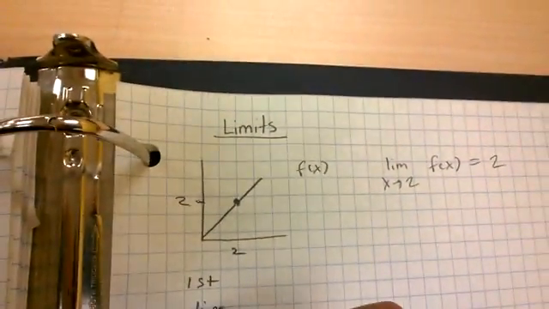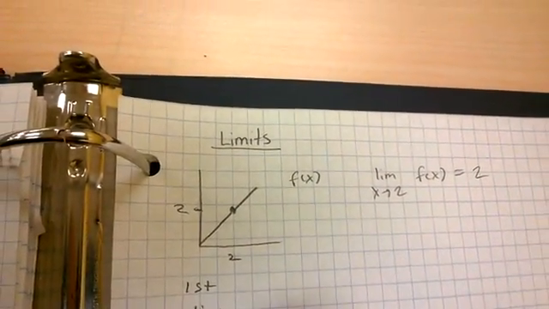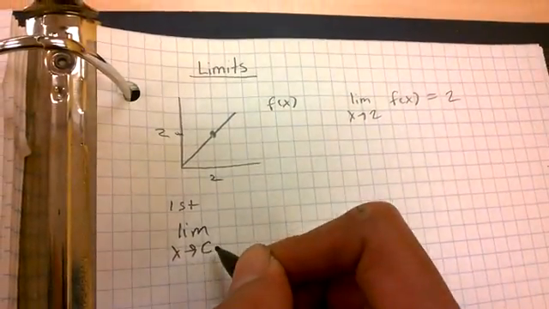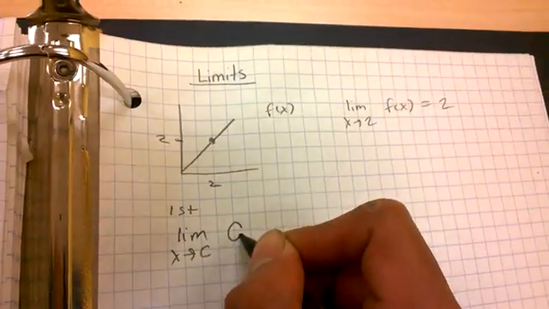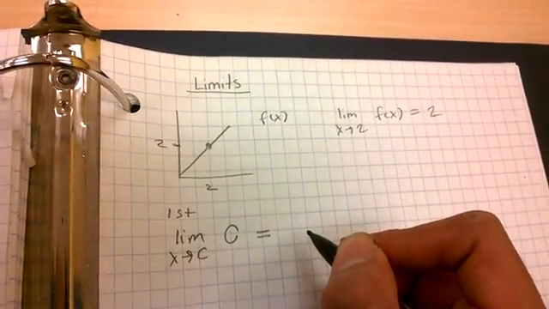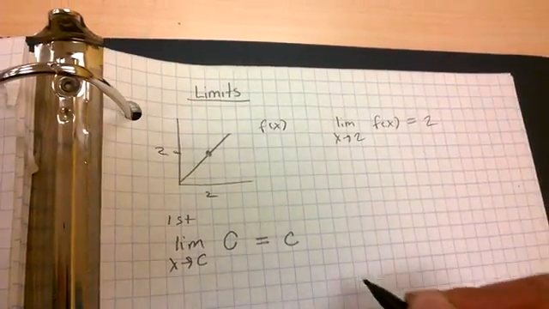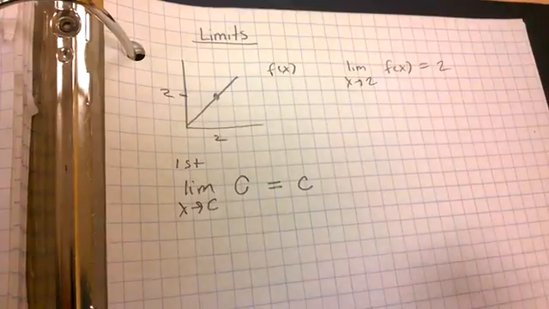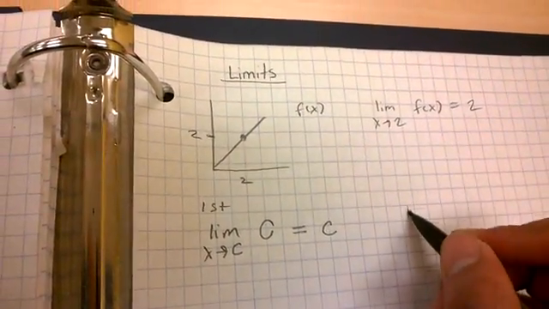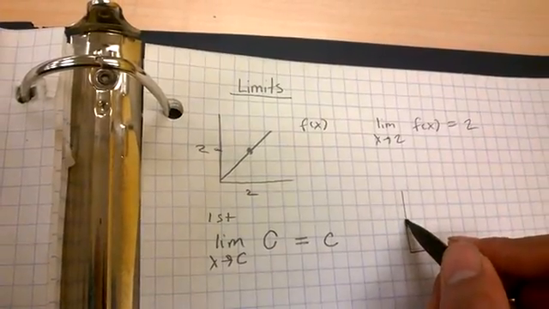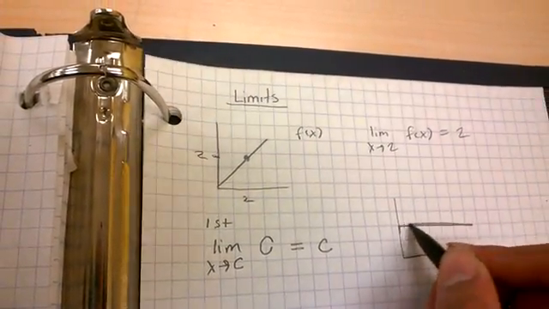Now the limit as x approaches, let's say, c, a constant c, gives us c. Right? Now that means, like we say graph here, let's say you have a constant function like this.